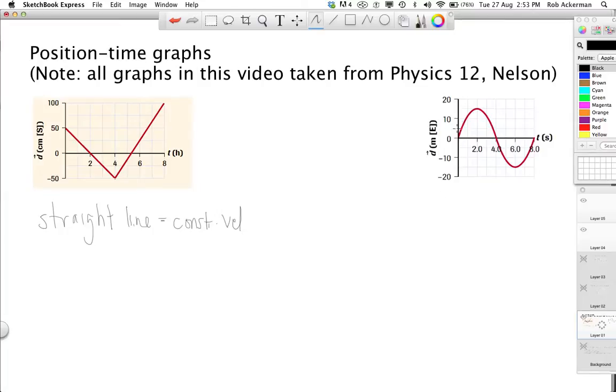If you have a curved line, like you have here, that means the velocity is changing. And as a side note, of course, if the velocity is changing, then that means there is acceleration. So we can also write that in.